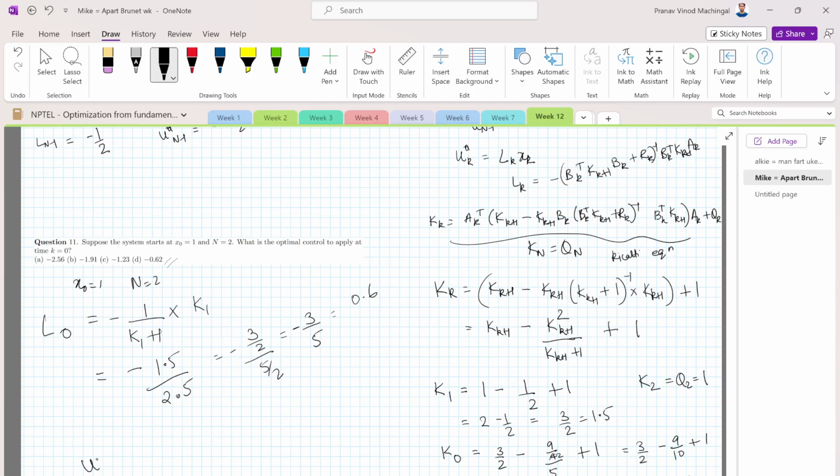I need to find U star, which is N0 into X0. Okay, X0 is 1. So this will be 0.6 only, minus 0.6. It is K plus 1 you are saying, right? Yeah, that is what we used. So we're getting 0.6 and 0.62.